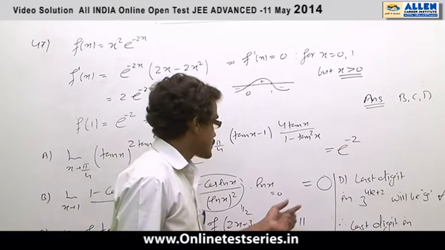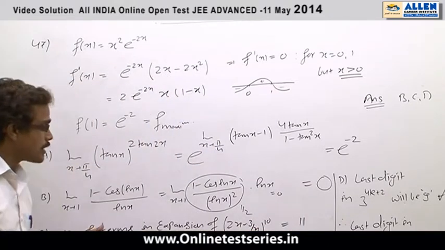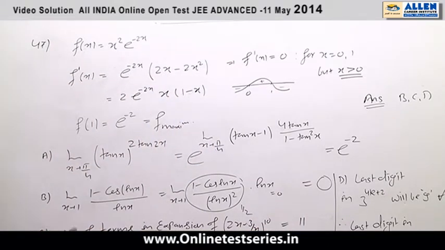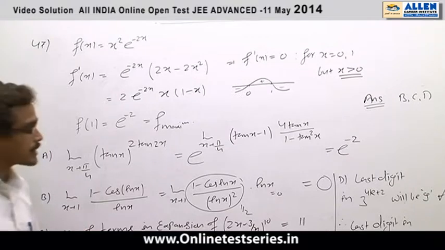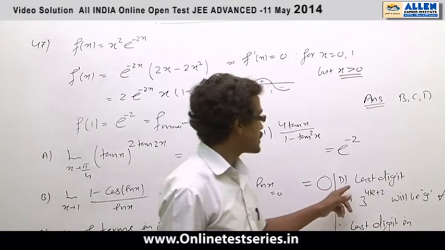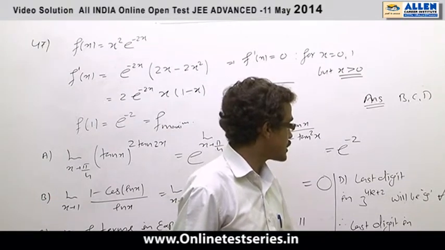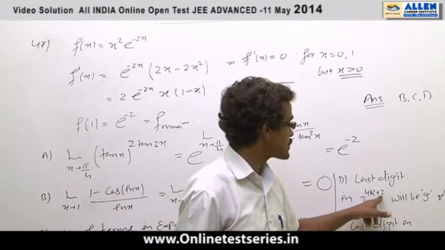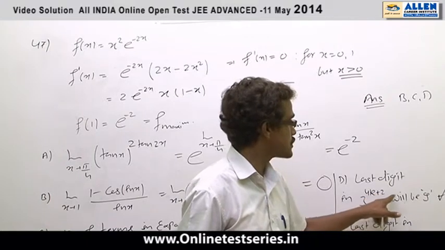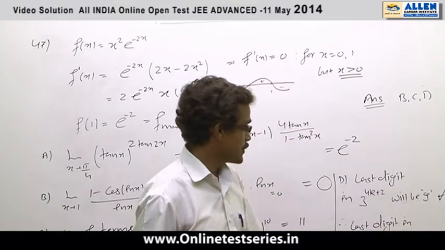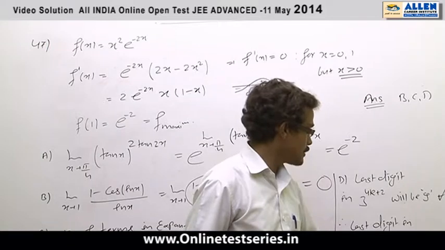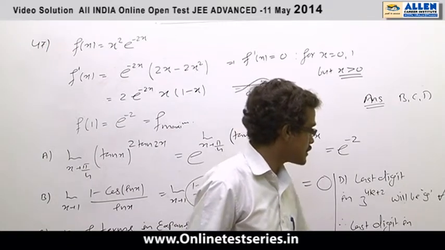So e^(-k), where k is the number of middle terms, will be equal to e^(-1). Now in option D, we have to find the last digit of the number 3^102 + 1. We know that if the power of 3 is of the form 4k + 2, the last digit will be 9. So 9 + 1 becomes 0. So the last digit of this number is 0.